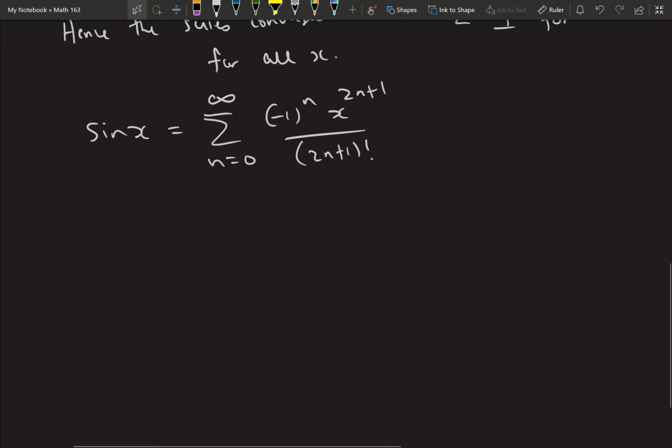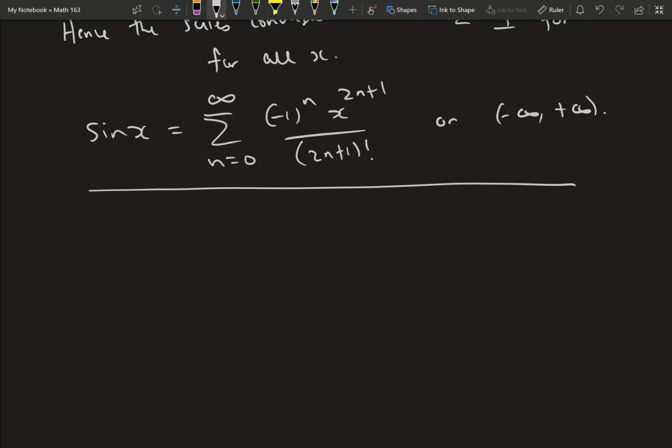Let's go ahead and proceed. So this is on the whole real line. Let's go ahead and try a different color here. Let's try cosine of x. See how that goes. For cosine of x, we're again centering at 0.